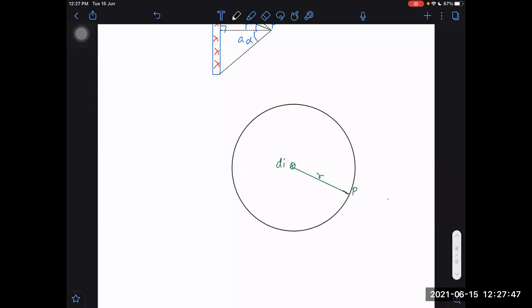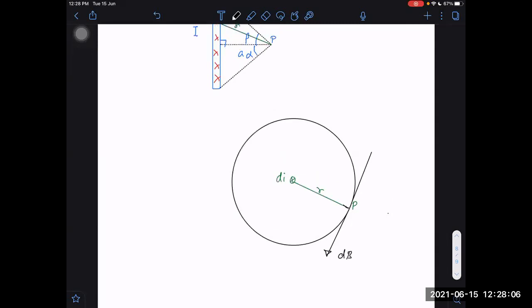Can I take a tangent at this? In which direction should I take the tangent? Clockwise, downward, sir. Current is into the plane, so yes, this side the field will be downward. This is dB.